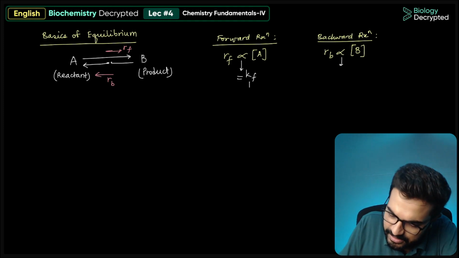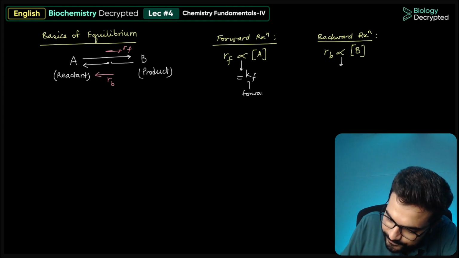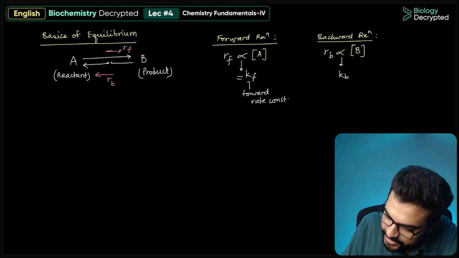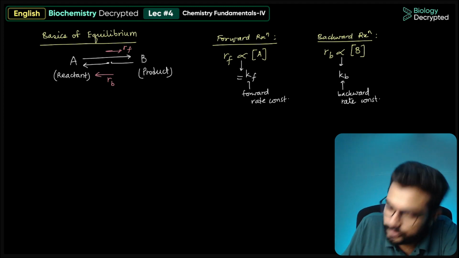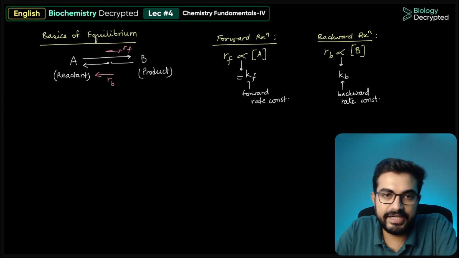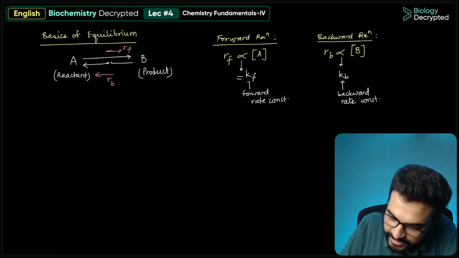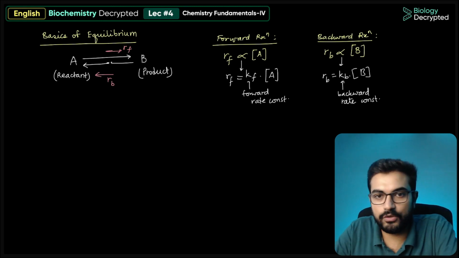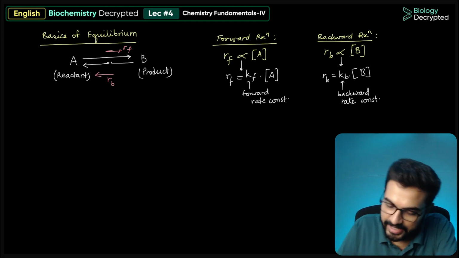It is the forward rate constant, and similarly for this one it will be Kb, the backward rate constant. We can write it as Rf is equal to Kf into concentration of A, and Rb is equal to Kb into concentration of B.